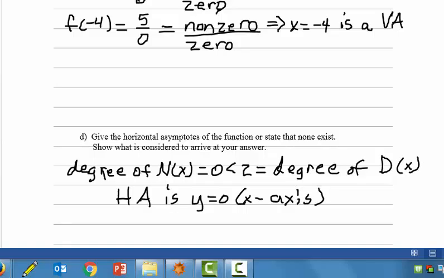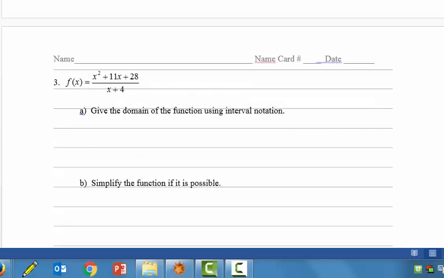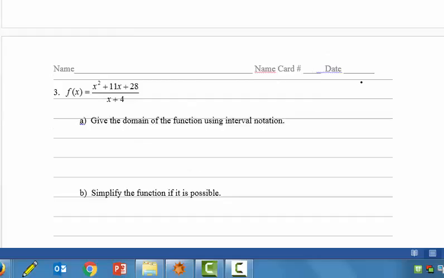All right, so let's go to the next problem. Problem 3. I have f of x equals x squared plus 11x plus 28 over x plus 4. So to find the domain, I always look at the denominator.